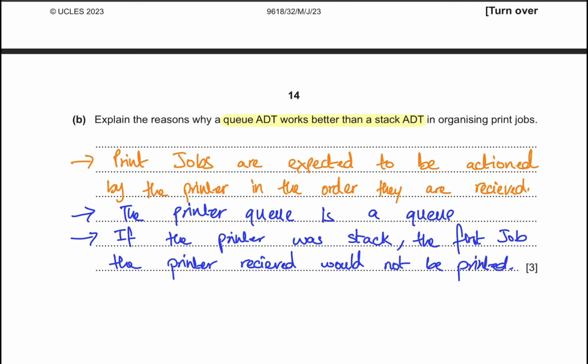Okay. 3 points why a queue ADT works better than a stack. So we basically have to write the advantage of a queue. Print jobs are expected to be actioned by the printer in the order they are received, and they're talking about this context. The printer queue is a queue. If the printer was a stack, the first job the printer received would not be printed.